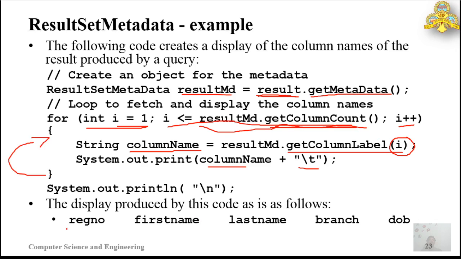Assuming that it contains 5 fields, then the output can be like this: roll number, first name, last name, branch and DOB. This is just an assumption. If your table or result contains a different number of columns and different column names, then you may get different output.